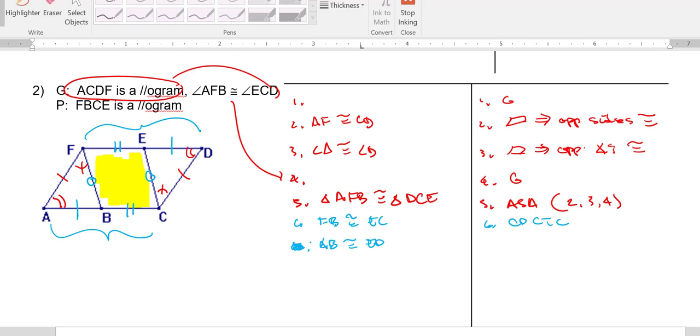And I can add, I already had in step 2 here, AF congruent, I can add FD congruent to AC, because it's the exact same reason, right? Opposite sides of a parallelogram are congruent. So now by subtraction, I can say that BC is congruent to FE.